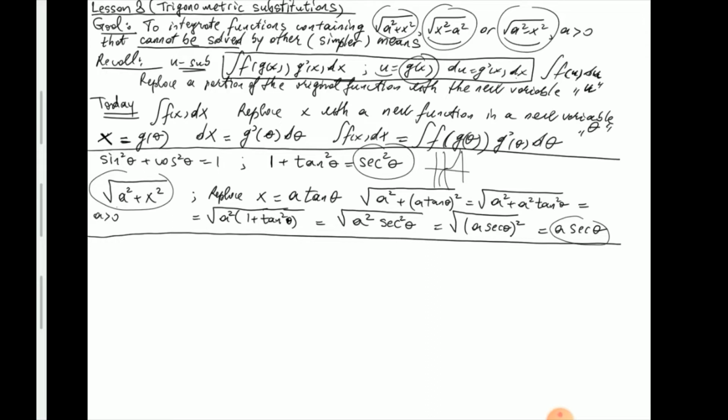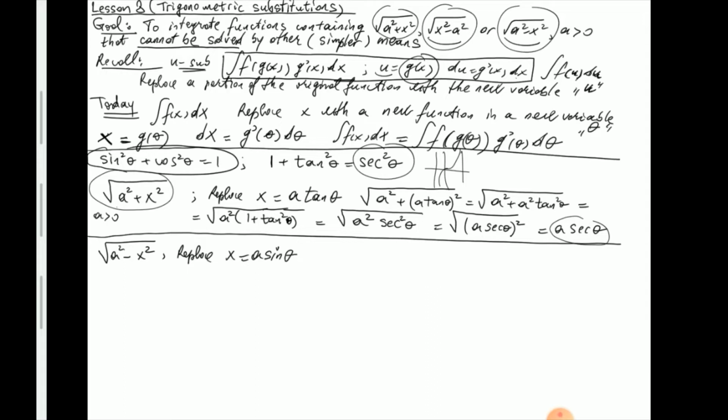I want to finish the substitutions that you will employ for the other types of radicals that I have here on the top of the page. What do you do if you have the square root of a squared minus x squared? Here we're going to exploit the formula sine squared plus cosine squared, and make the substitution x equals a sine of theta.